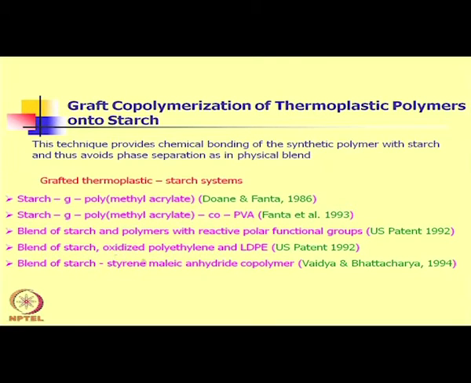Starch was blended with polymers which are already oxidized to some extent, say the oxidized polyethylene or LDP blended with starch. So, after oxidation of polyethylene, this becomes a little degradable and starch can be miscible with it, otherwise starch is difficult to mix with polyethylene. That is why oxidized polyethylene was used for blending with starch, and blends of starch, styrene, maleic anhydride copolymer were also developed for preparing biodegradable films.